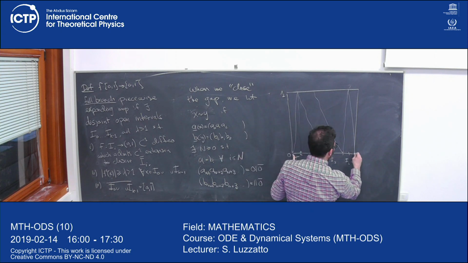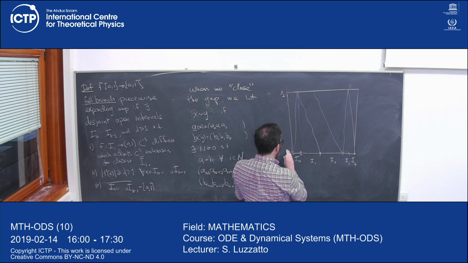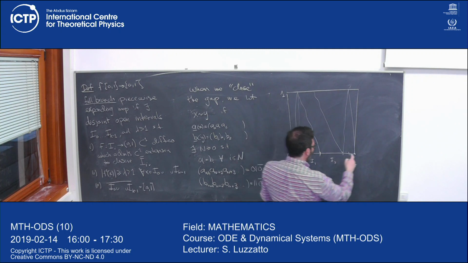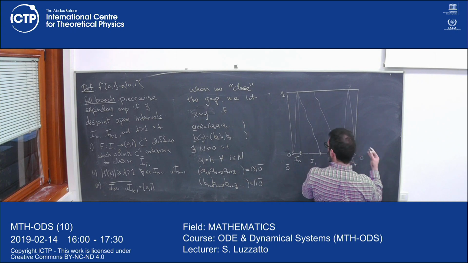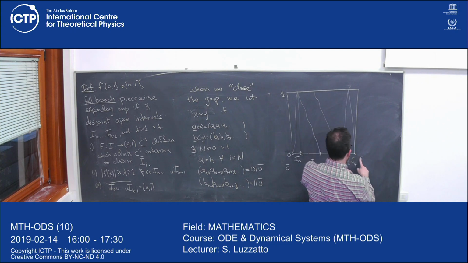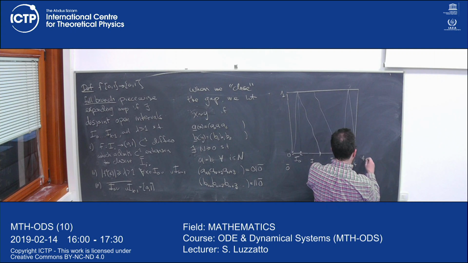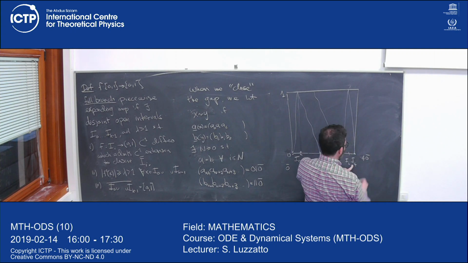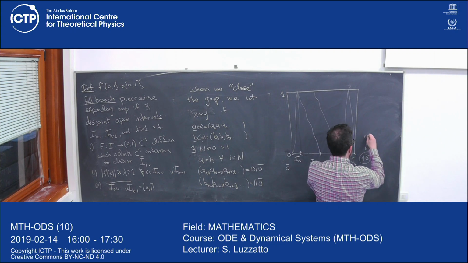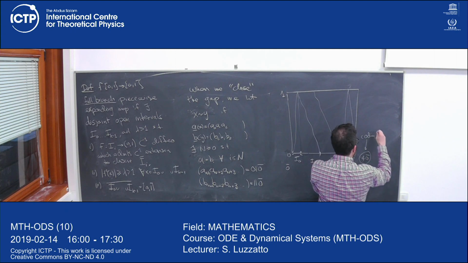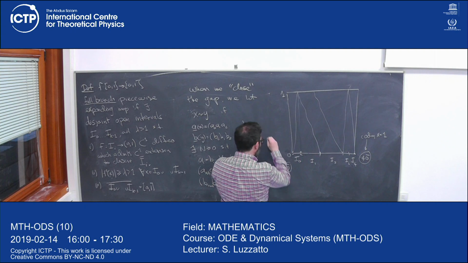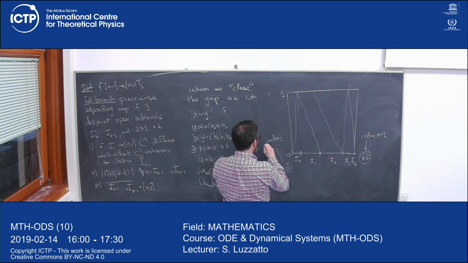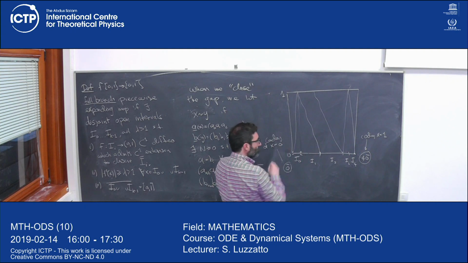So you have a certain coding. The point 0 has a certain coding, and the point 1 has a certain coding, which in this case is 4 followed by 0 recurring. This is the coding of x equals 1, and this 0 bar is the coding of x equals 0.